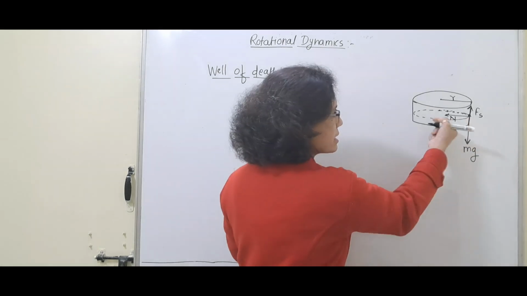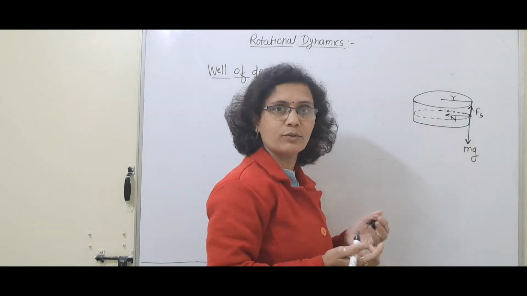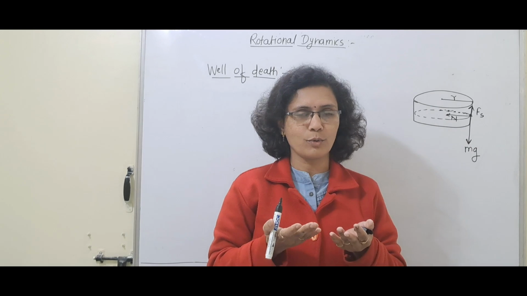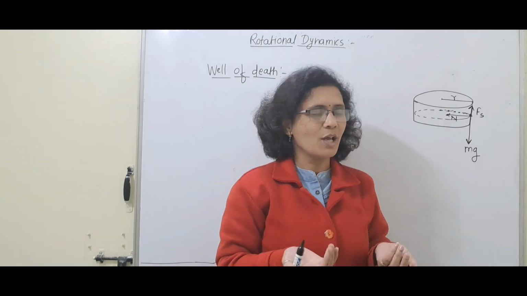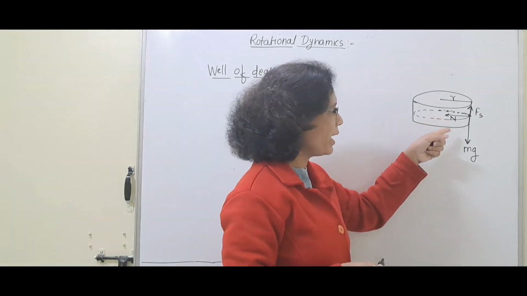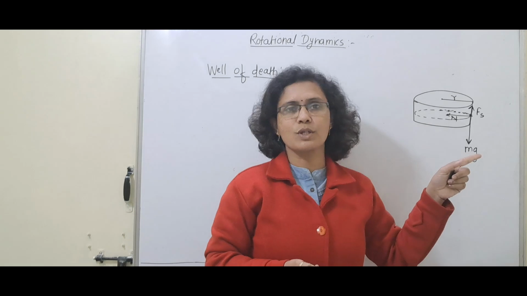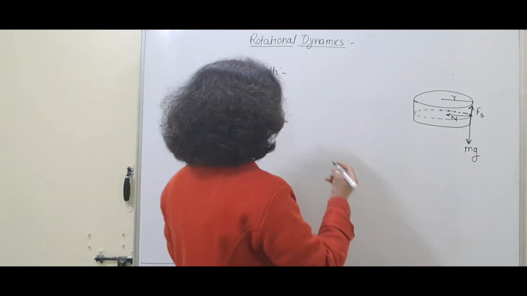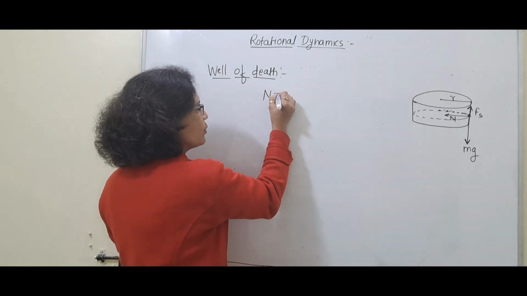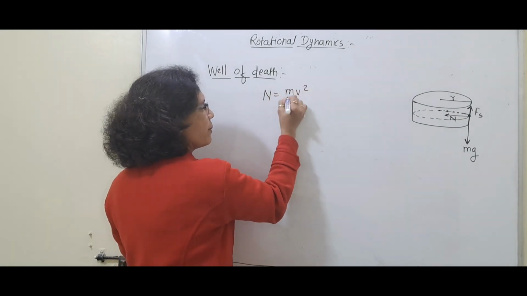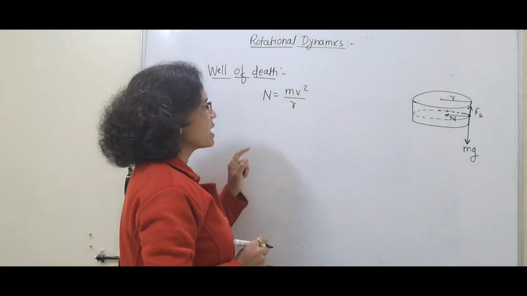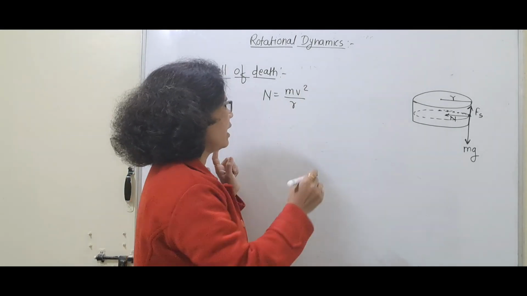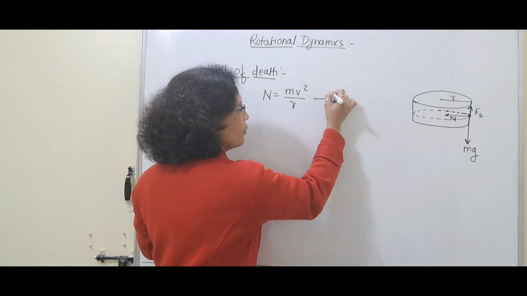And we know which force is necessary for circular motion? It is the centripetal force. So this normal is providing the centripetal force for that horizontal circular motion. So what can I write? I can write N is equal to mv square by r. That is the centripetal force acting on the motorcyclist. Let this be equation number 1.